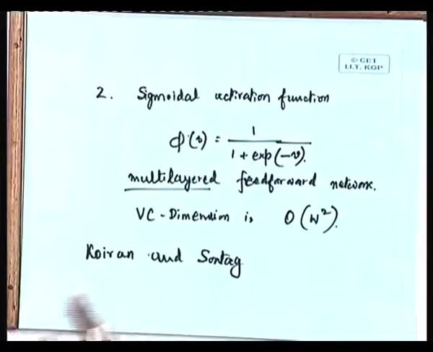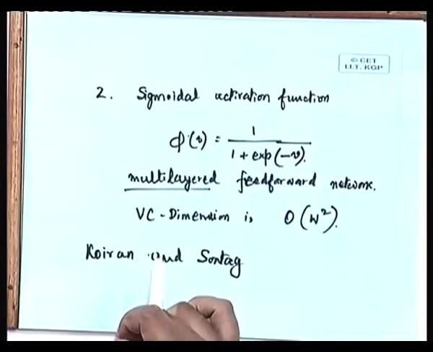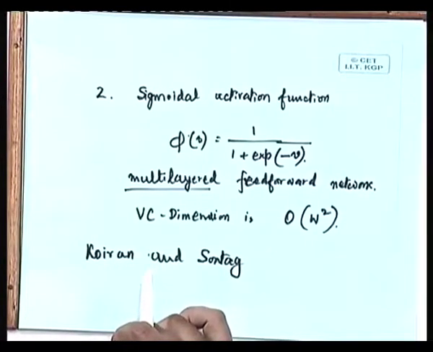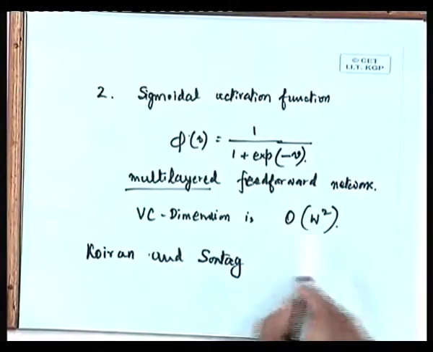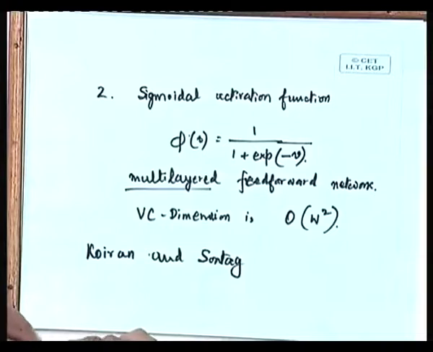Because the linear model can be used, and we are using a cascaded version of it to form a multi-layered network, instead of order of W we are getting order of W square. This is just to understand the realization of order of W square in a very simplified way. The combination of two linears is giving us the order of W square, and this is very interesting.